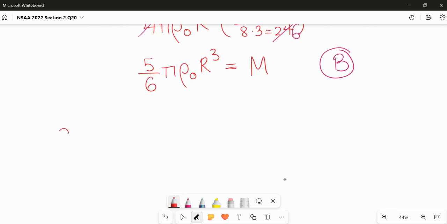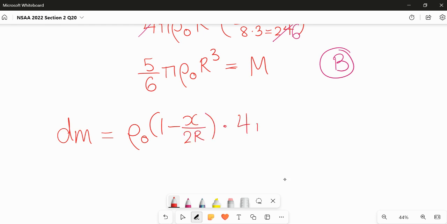The little bit of mass that we had in each shell was rho naught times 1 minus x over 2r times 4 pi x squared dx. A question that we typically ask in physics is about averages or mean. So what would be the average density in this setup?